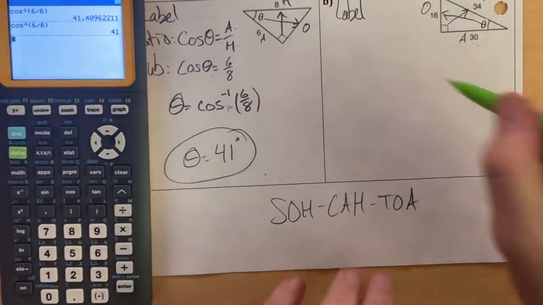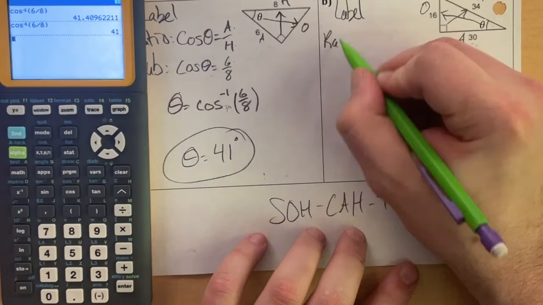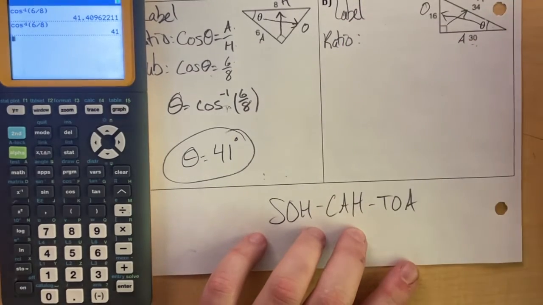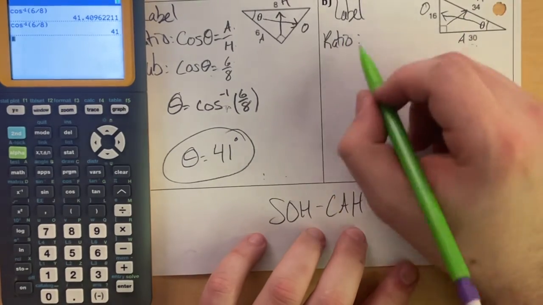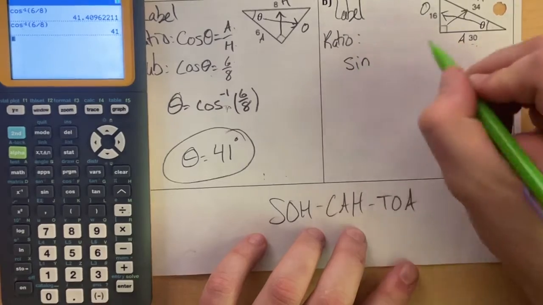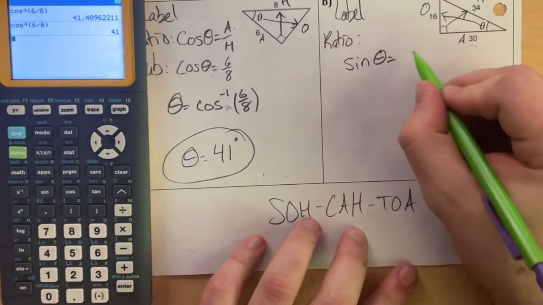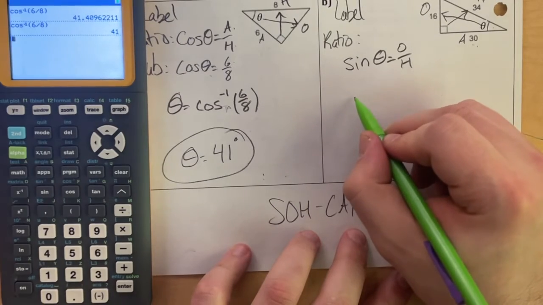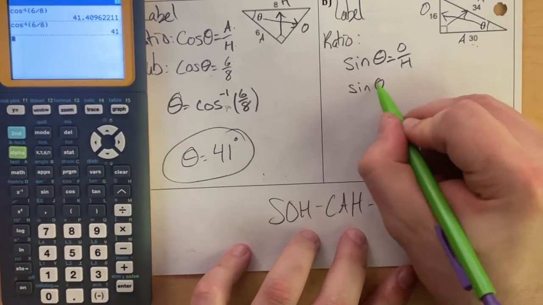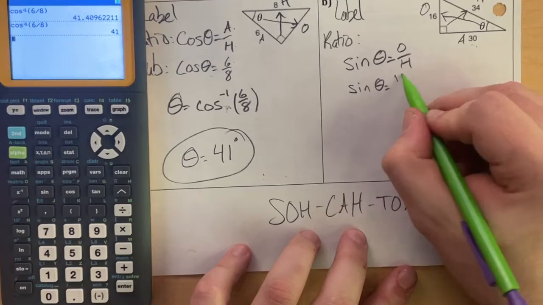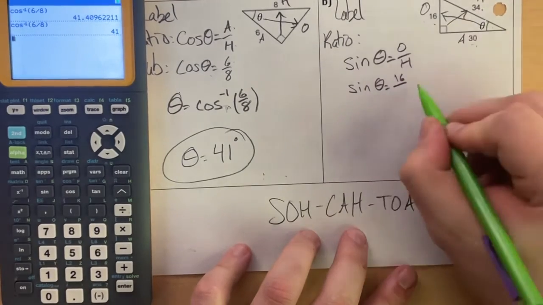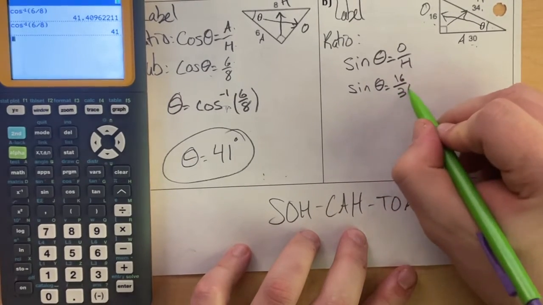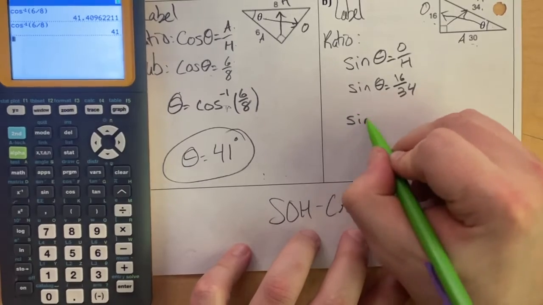I should be able to say, all right, so I have label, ratio. Let's do sine, so that way it's real quick. I have sine of theta is equal to the opposite over hypotenuse. So I have sine of theta, I have opposite, which is 16, over hypotenuse, which is 34. So what I'm doing is this.